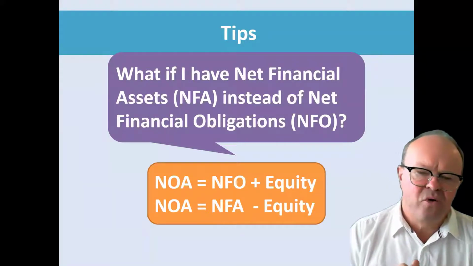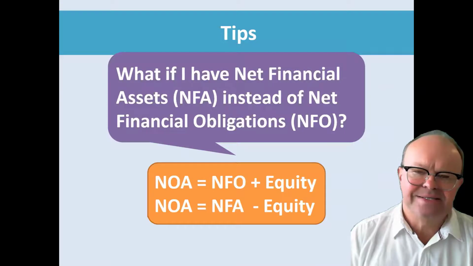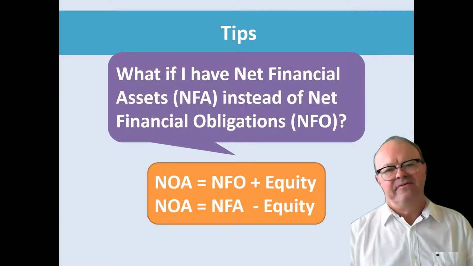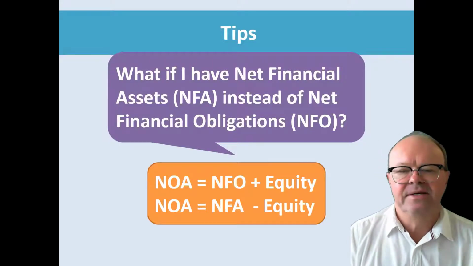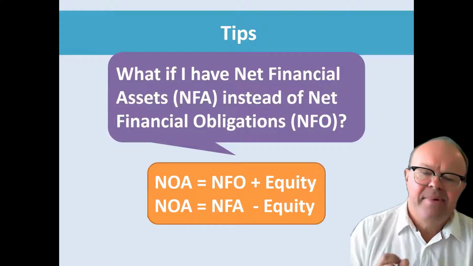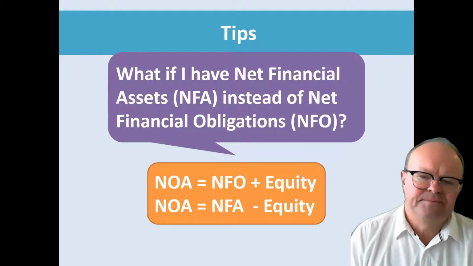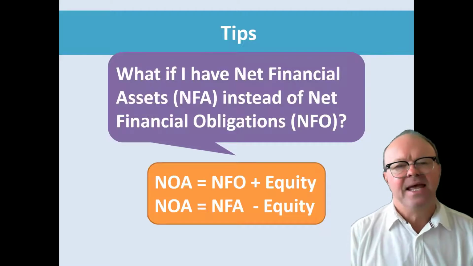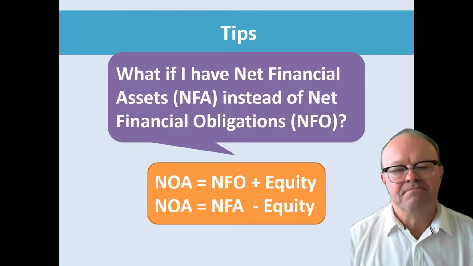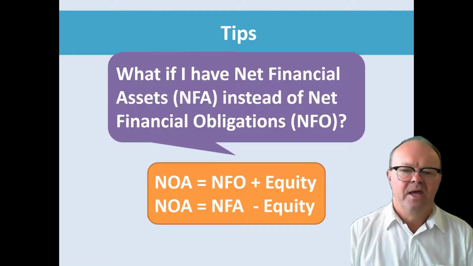Now, we saw that the formula is net operating assets equals net financial obligations plus equity. That's the accounting equation underpinning our balance sheet when we've restated it. But if you've got net financial assets, then that equation is net operating assets equals net financial assets minus equity. So it changes.